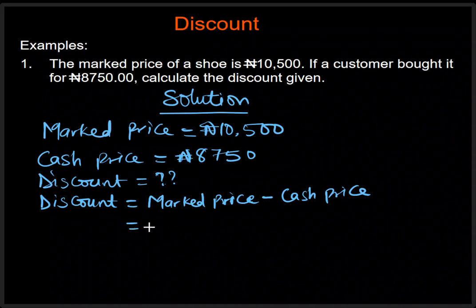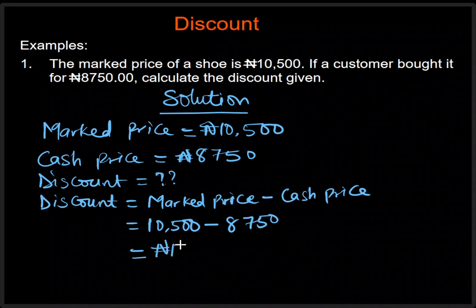That will give us 10,500 minus 8,750, which is 1,750 naira. That becomes our discount, and we have to find just the discount, nothing else.